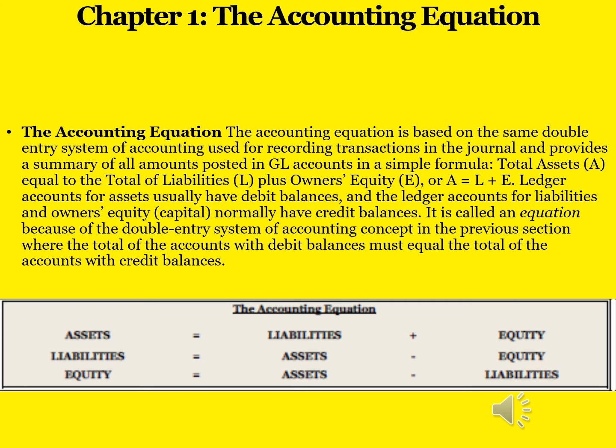The accounting equation is based on the same double entry system of accounting used for recording transactions in the journal and provides a summary of all amounts posted in general ledger accounts in a simple formula. Total assets A is equal to the total of liabilities L plus the total of owner's equity E, or simply A equals L plus E. Tangible and intangible economic resources owned by a business are its assets.